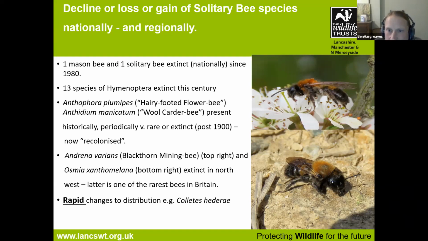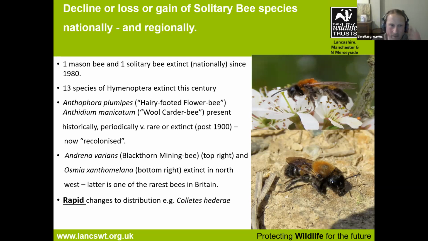Andrena varians, top right, looks somewhat similar to Andrena lapponica, the bilberry mining bee, which is much more likely to be found, but the other species flies slightly later in the year. This species is associated with rosaceous shrubs like blackthorn and fruit trees, so a bit of a difference.